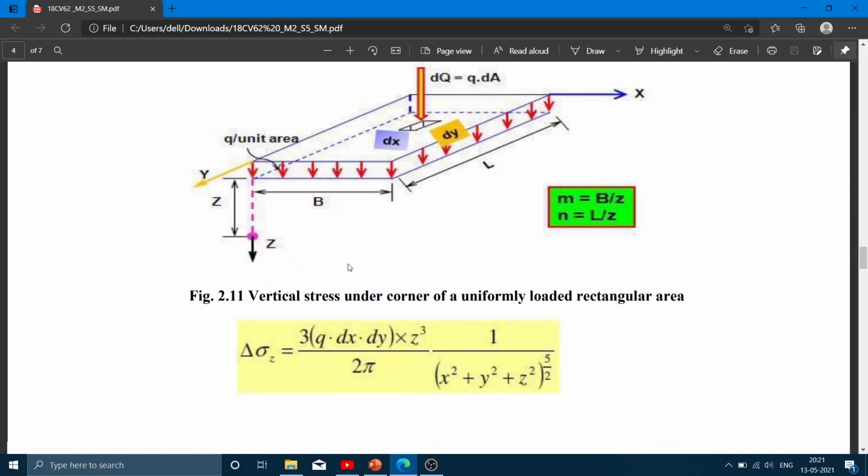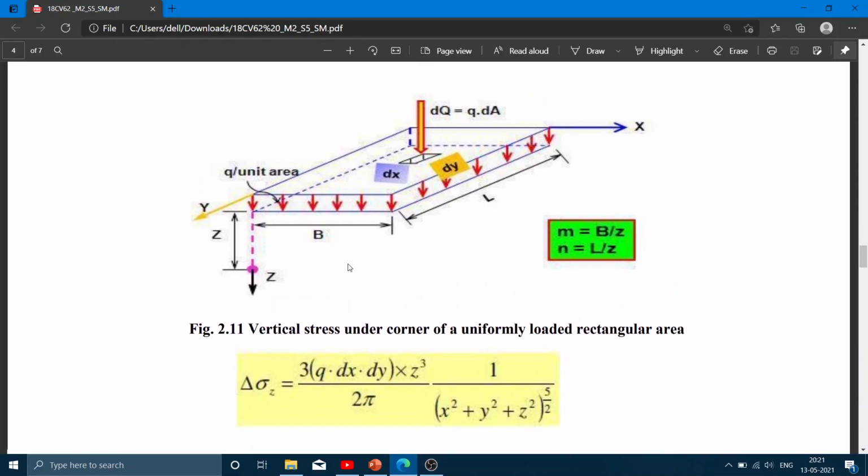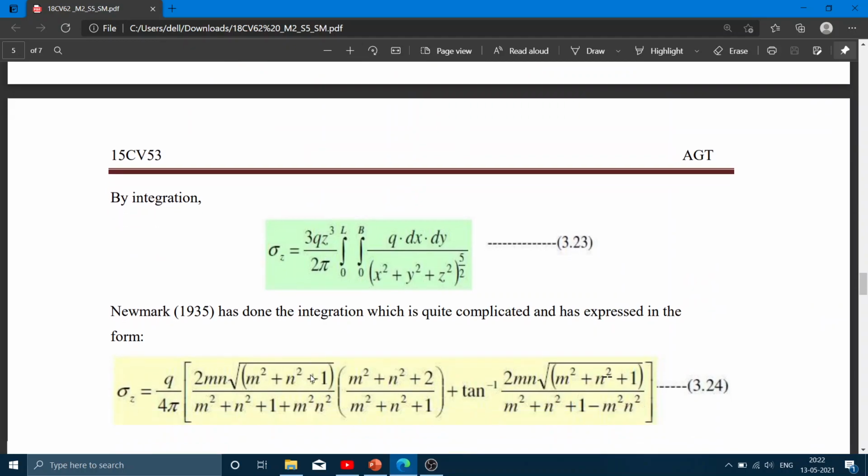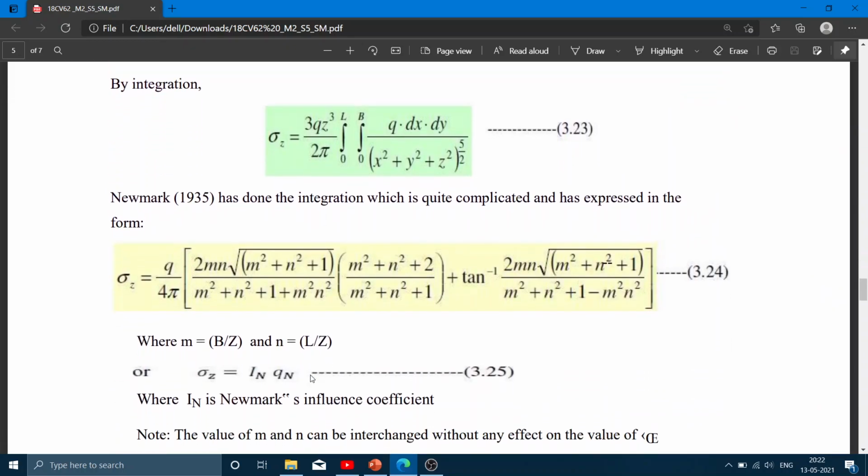The Boussinesq equation is the basic equation used to derive the vertical stresses under a corner of a uniformly loaded rectangular area. Using it, you can derive the expression for delta sigma z. After this, you can simplify and integrate this equation.